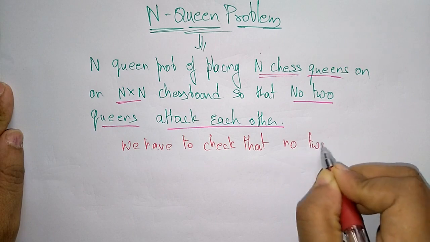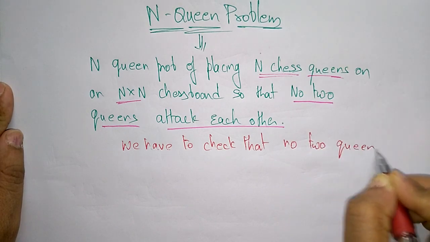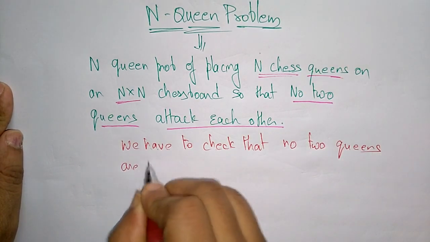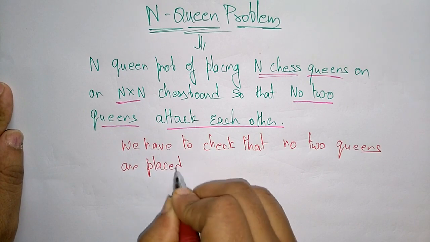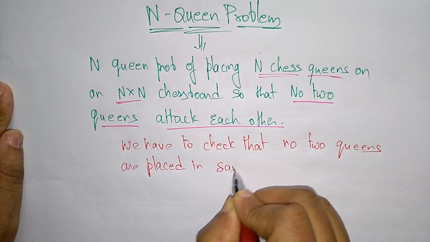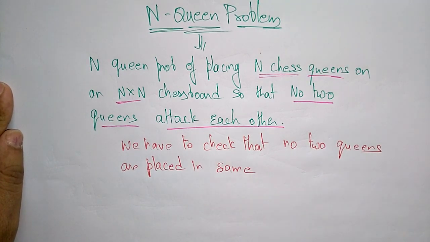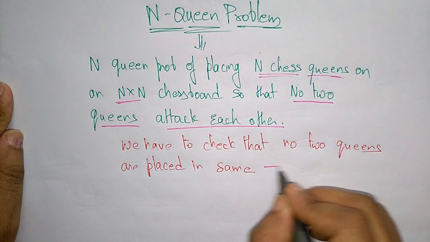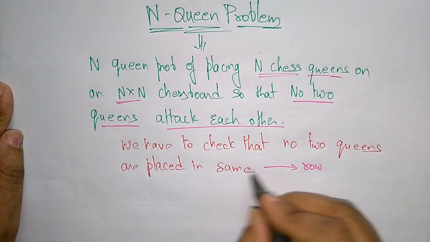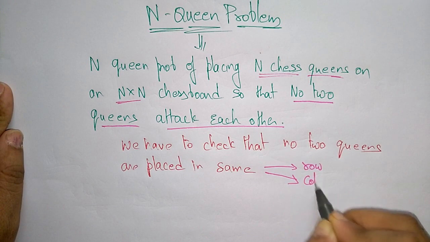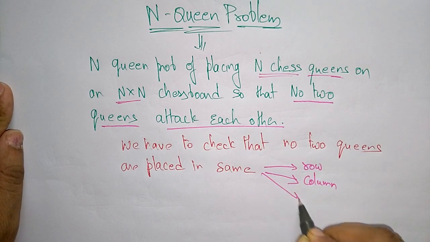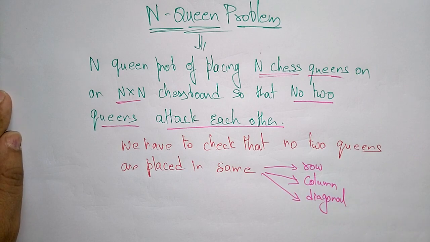No two queens are placed in the same row, same column, and same diagonal. These rules you have to follow.